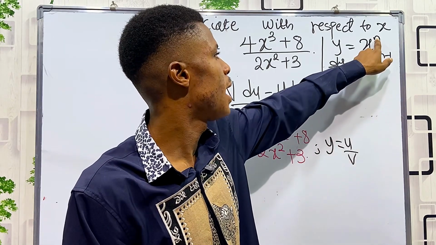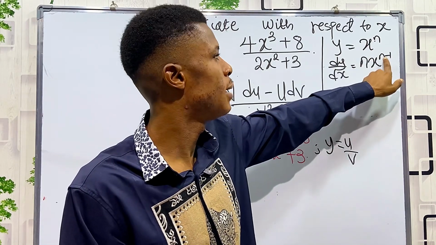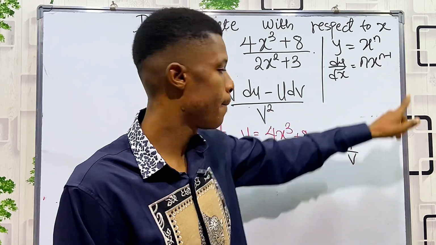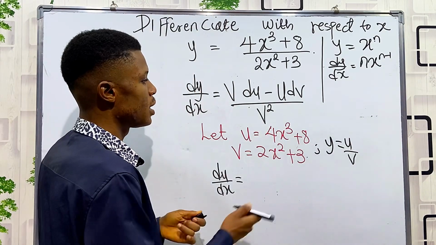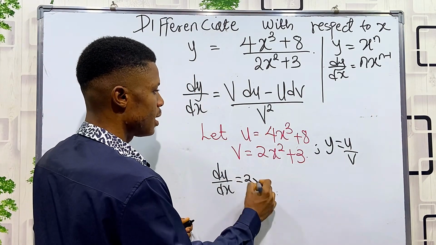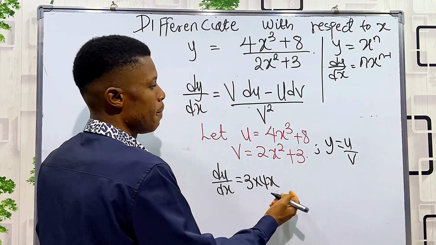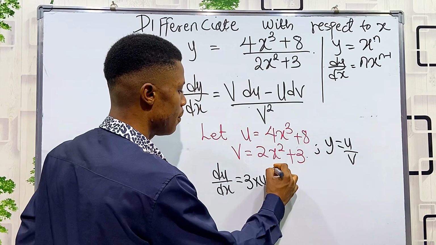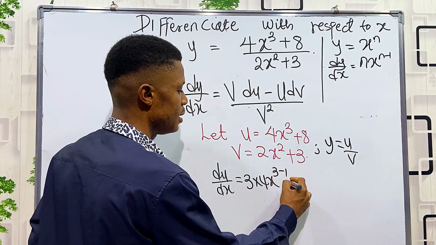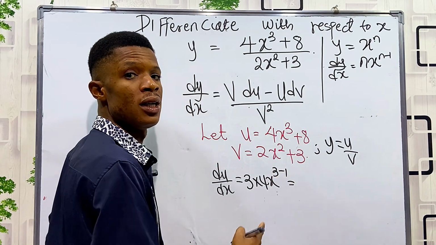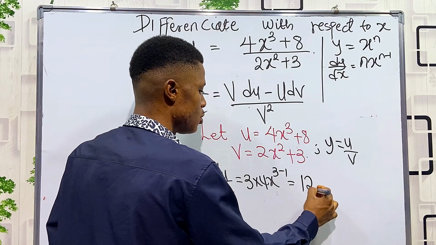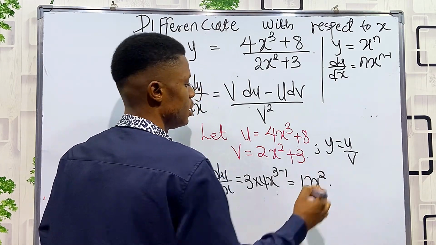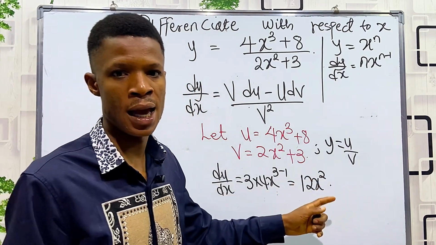We multiply the power to the constant and subtract 1 from the power. So for u, we multiply 3 times 4x, and differentiating a constant like 8 is 0. We subtract 1 from 3, and 3 times 4 is 12, which gives us 12x squared. This is du/dx.